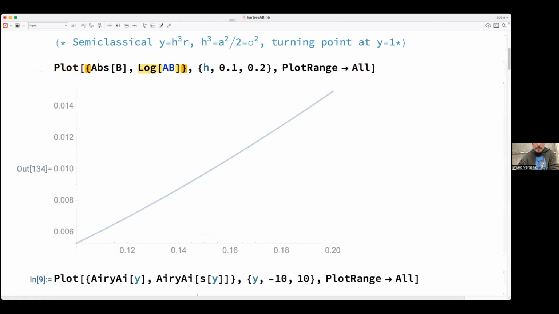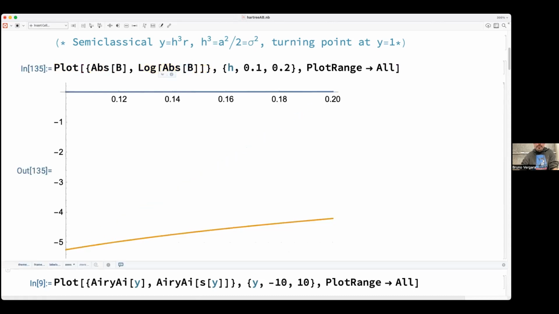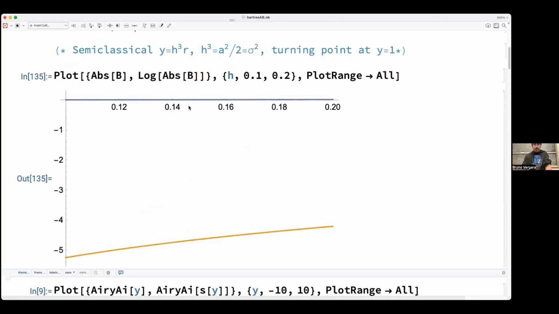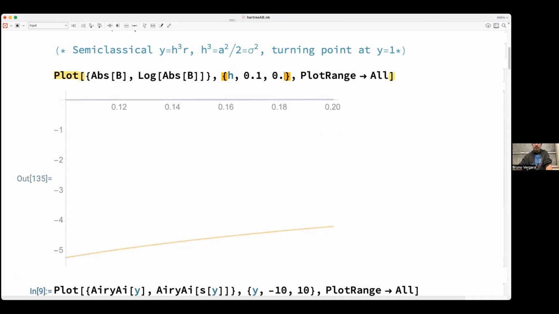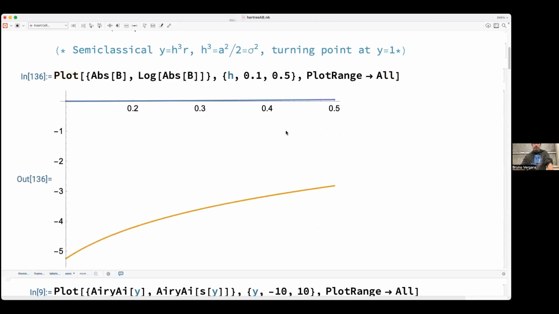We just want to get the sense of this. So B is very small and log B is. So you got 0.1 to 0.2. One thing is not that far, and then more the other one.